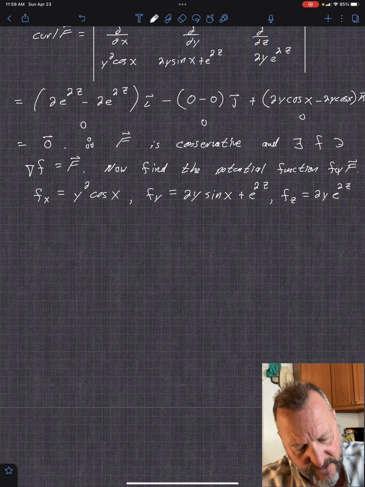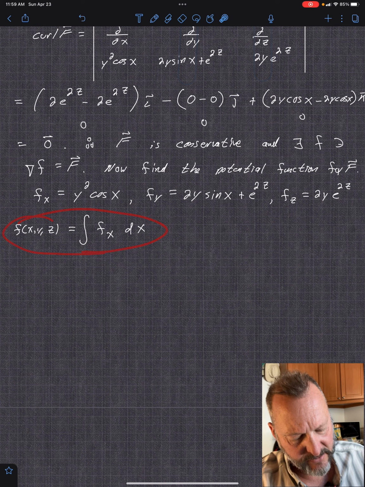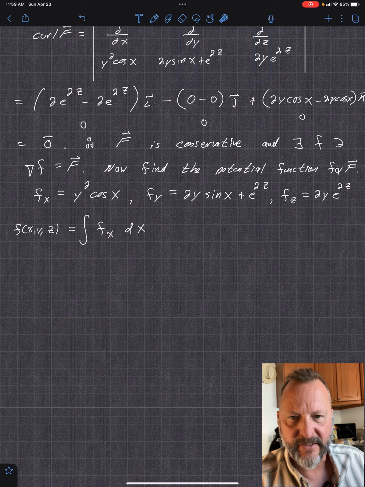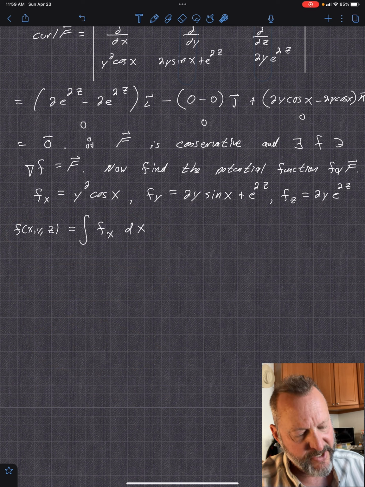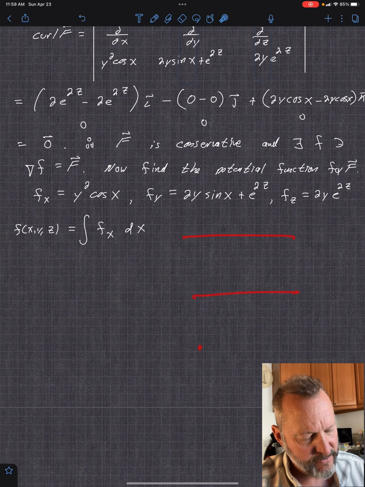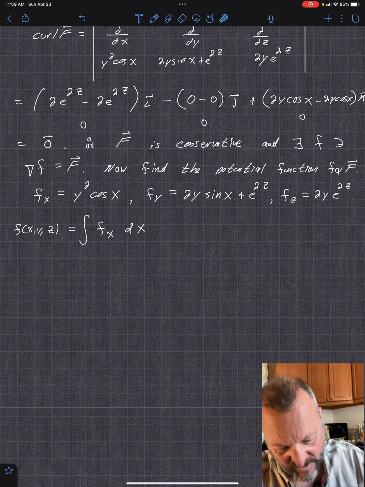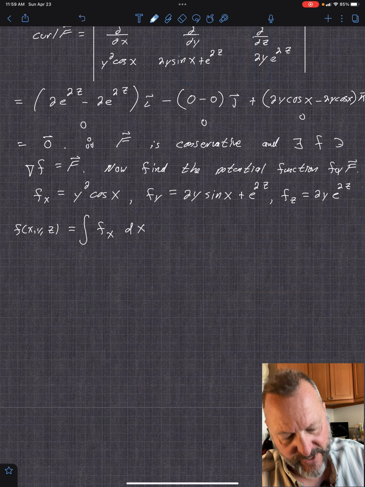So you basically do each one of these three times: fx, fy, fz, and then you essentially compare to see which one needs to be what. I'll show you what I mean. So now you're doing the antiderivative of y squared cosine x dx.